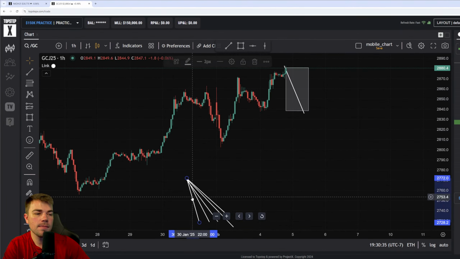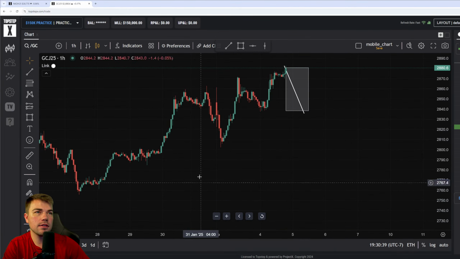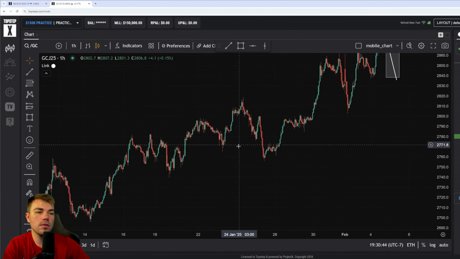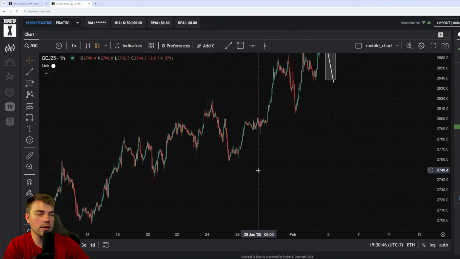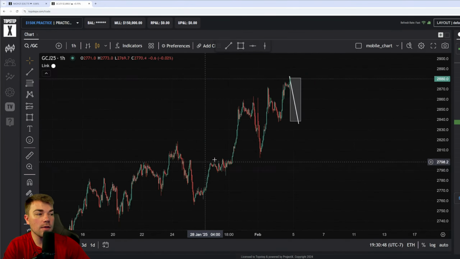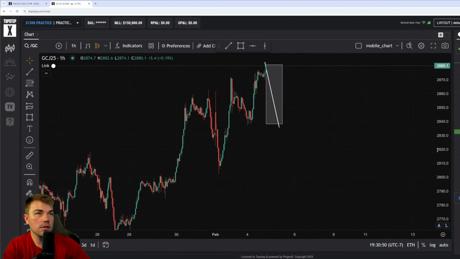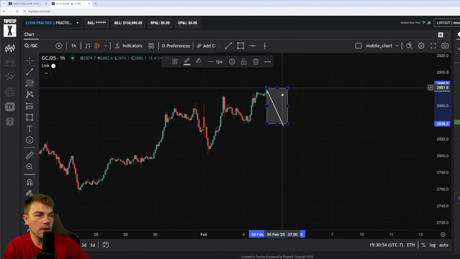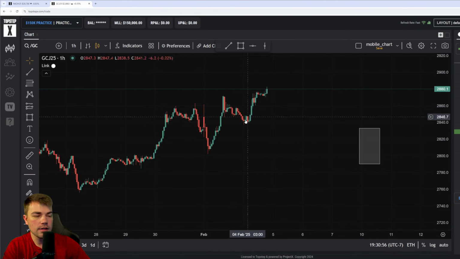Does that make sense to everybody here? So that's only on a pullback. And you could also do the same thing to continuations, right? You could do the same thing to the long side. On average, when we do start to rally, how far do we move to the long side? So, I could put this over here and basically do the same thing to the long side.